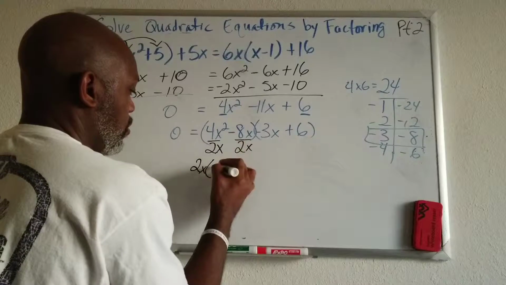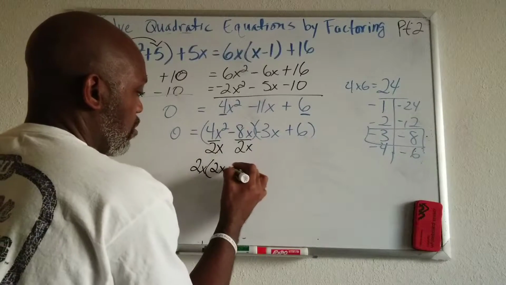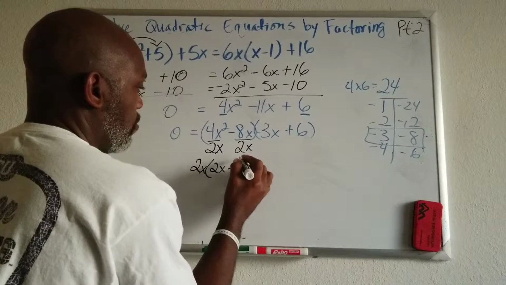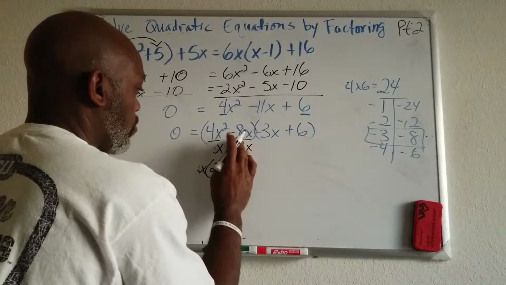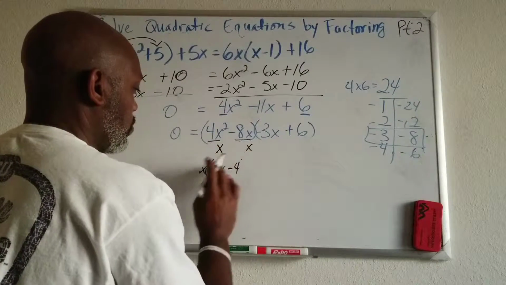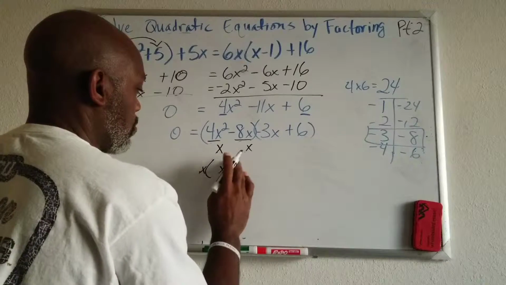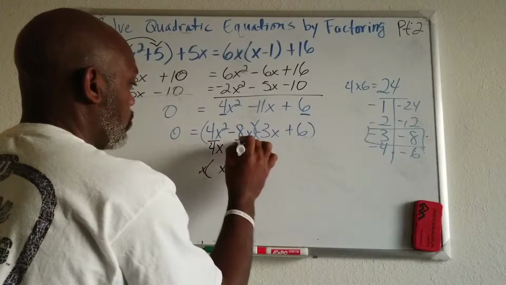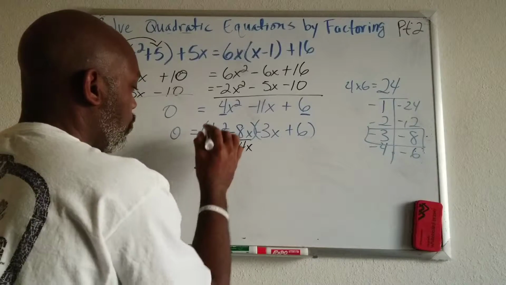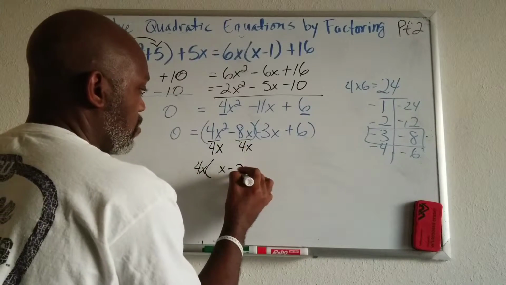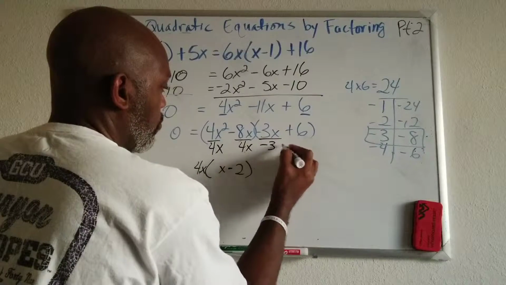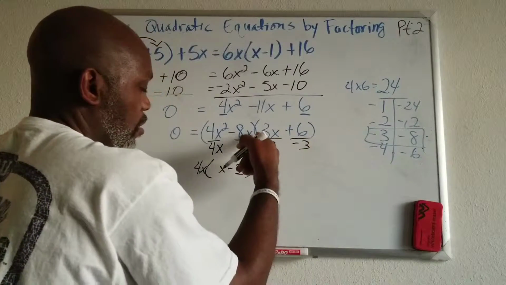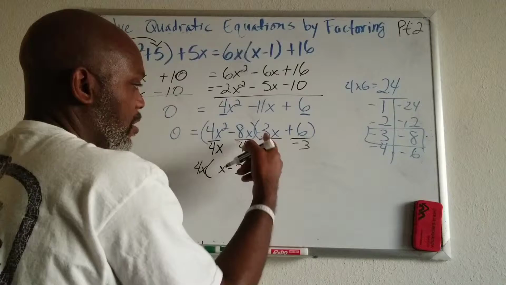We're left with 2x minus. Well, that wouldn't be right. See that? Because I can still factor, so it won't be 2. It would be 4. So it's 4x and then x minus 2. And then here we have a negative 3 because the first term cannot be negative.